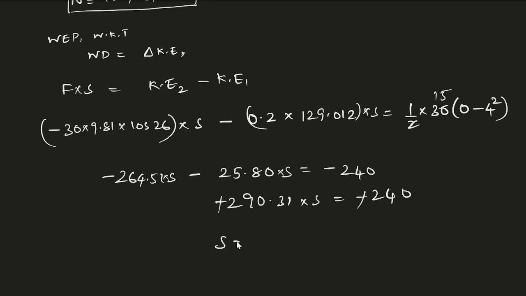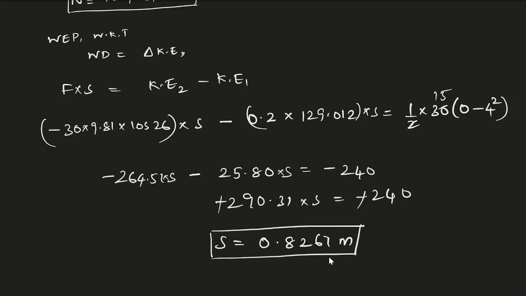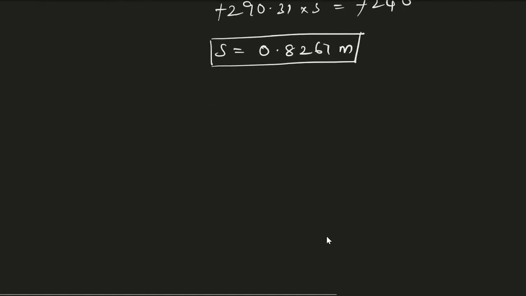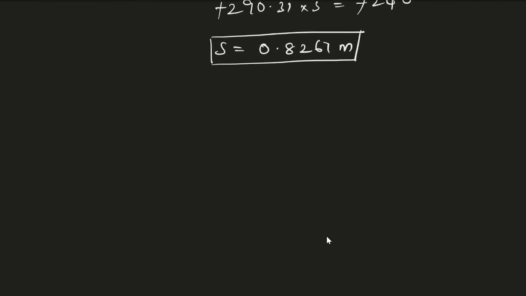So s will be equal to 240 divided by 290.31. It gives me the value of 0.8267 meter. So this is the maximum distance the package covers in the first case, when the velocity was 4 meter per second.